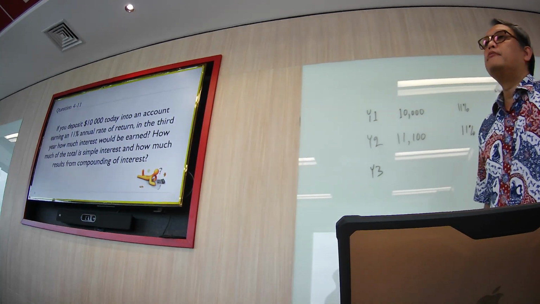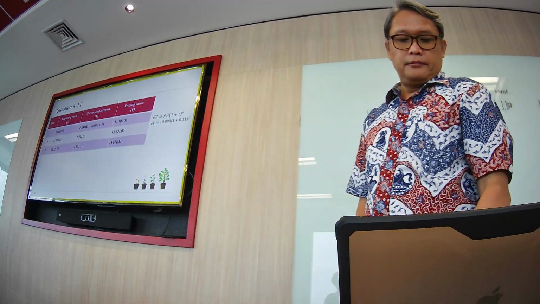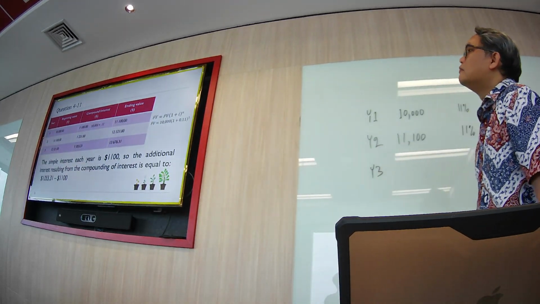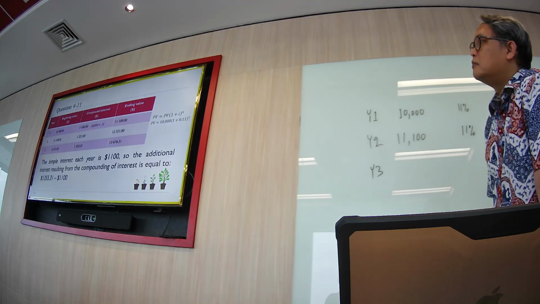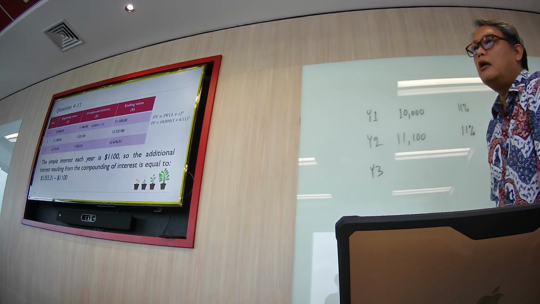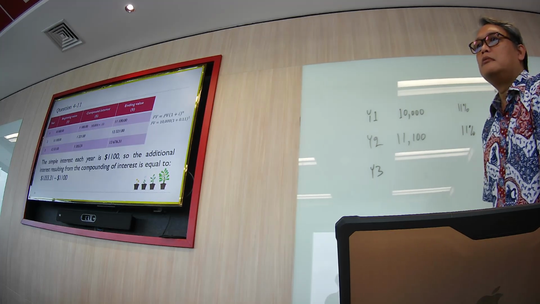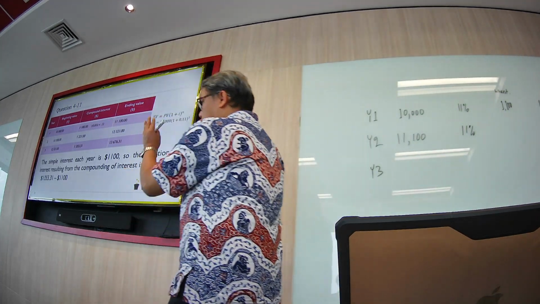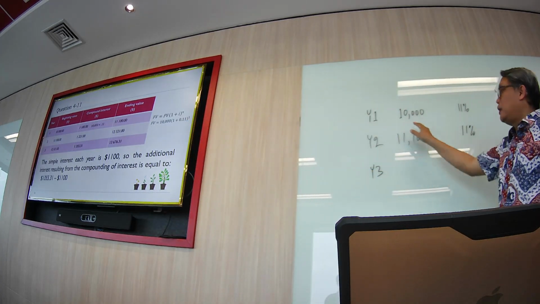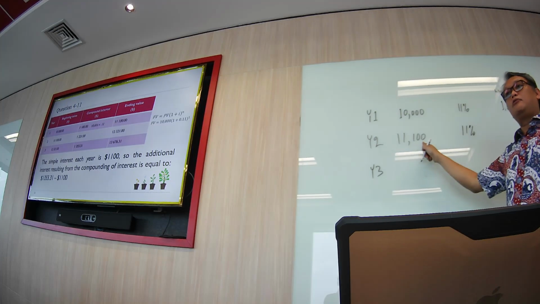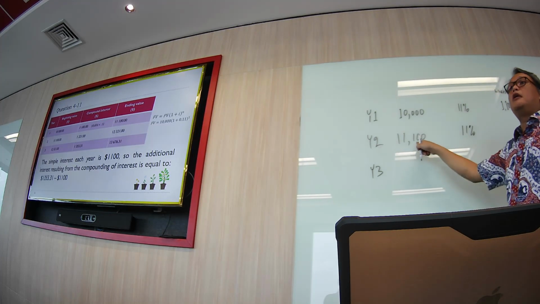So the next slide, please. The 1,355. It's the interest, the compounded interest. So without compounded interest, for the first year, 10,000, and the second year is not 11,100, it's 10,000.